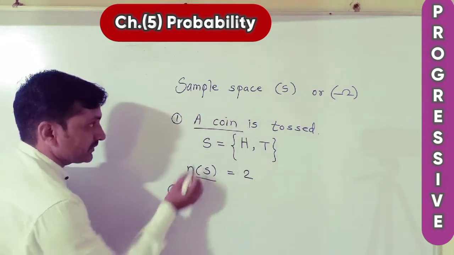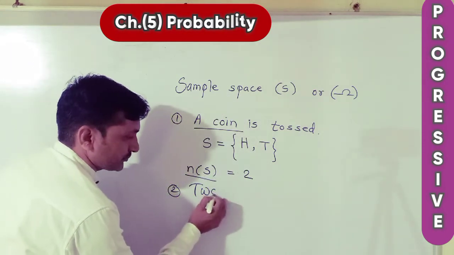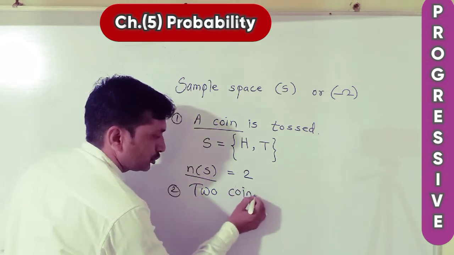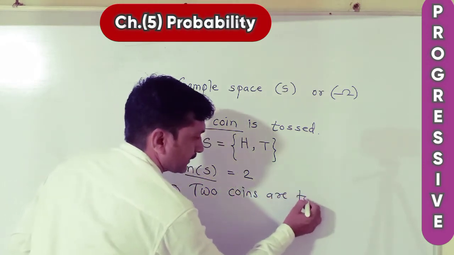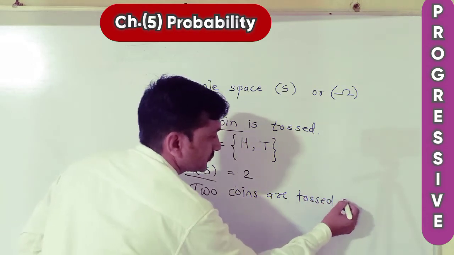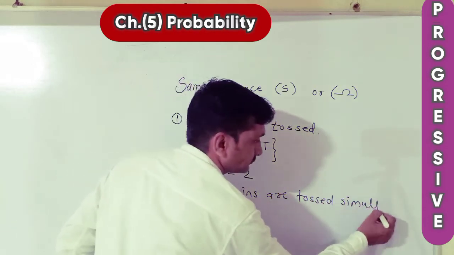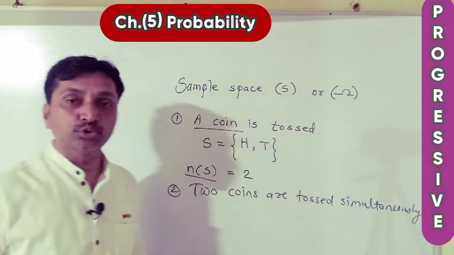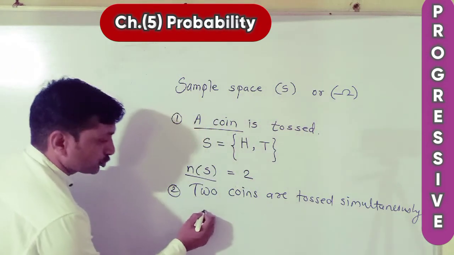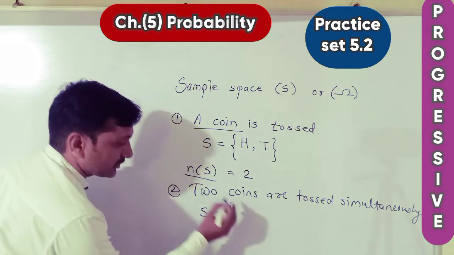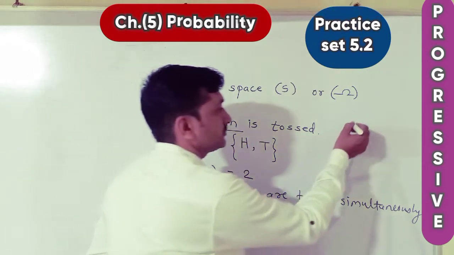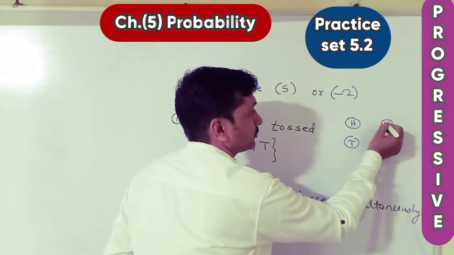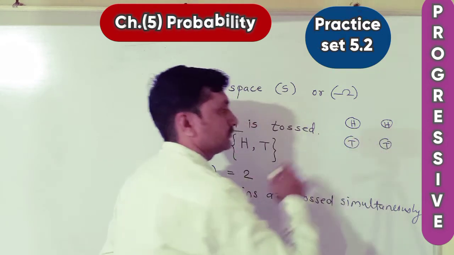One more example I take. Two coins are tossed simultaneously. Now if two coins are tossed, then S is equal to, in curly bracket, two coins together. See here now, head, tail; one more, head, tail.